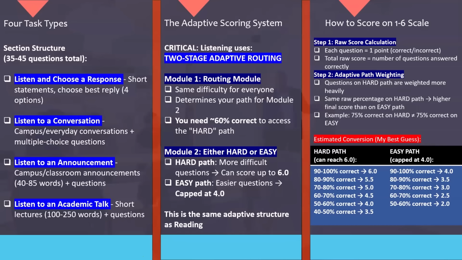Is there a length of time in the second statement in the section of the task types? You're talking about the listen to a conversation question? Yeah, the way it works is for listen and choose a response, they give you a certain amount of time per question.